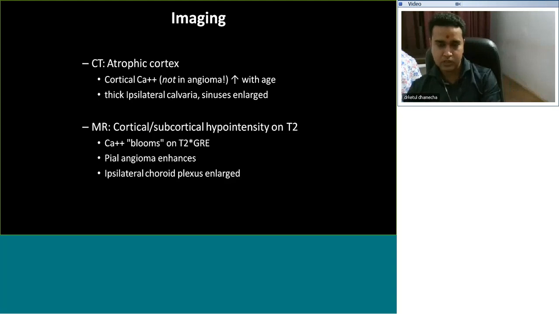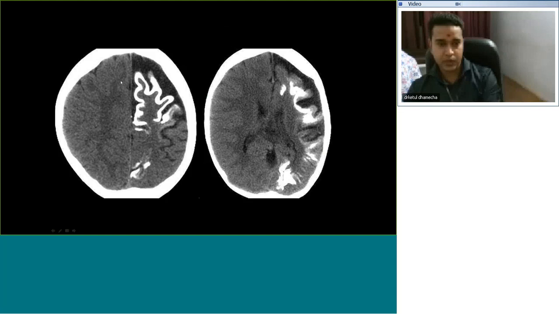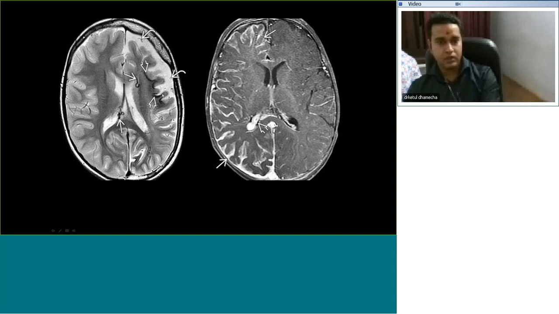Pial angiomas will definitely enhance intensely on the post-contrast studies. Ipsilateral choroid plexus enlargement. So on plain CT, you can see a normal hemisphere on the right side. On the left side, you can see significant atrophy with gyral cortical calcification, pathognomonic for Sturge-Weber.